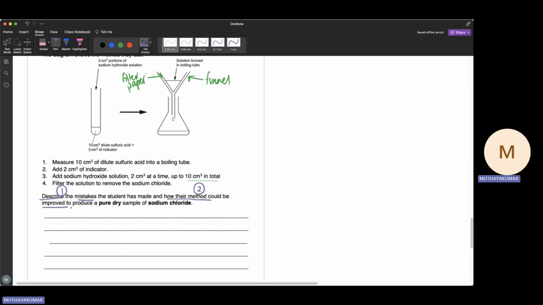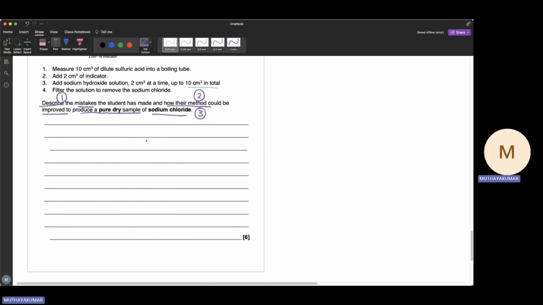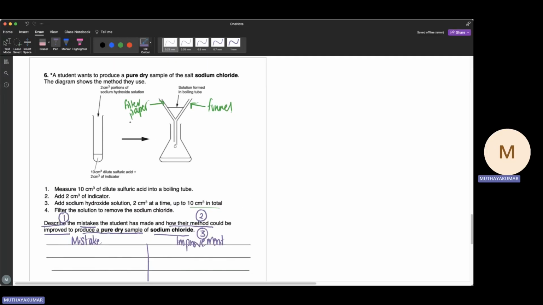And then I would say the third part is we need to include how the student is going to produce a pure, dry sample of sodium chloride. So I would say that's 3 different things that we need to talk about. And I would lay out my answer in a table format.